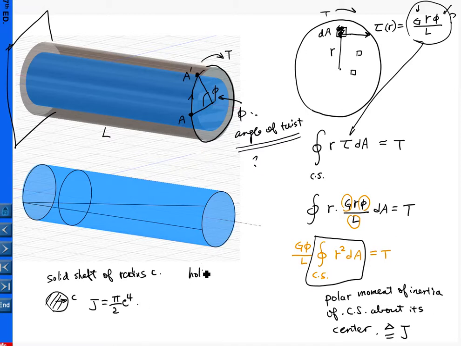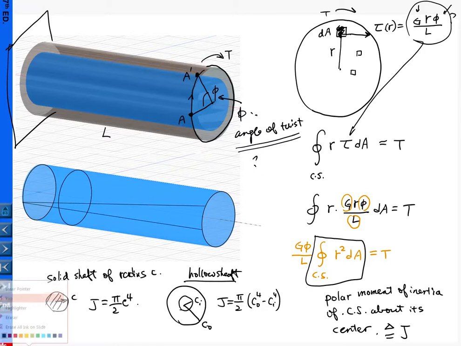And for a hollow shaft that has the outer radius c_o and the inner radius c_i, then J equals pi over 2 times c_o to the 4th minus c_i to the 4th here. Okay, so we go back to our problem statement here. So from here we can see basically, with the introduction of the J here, phi equals TL over GJ.